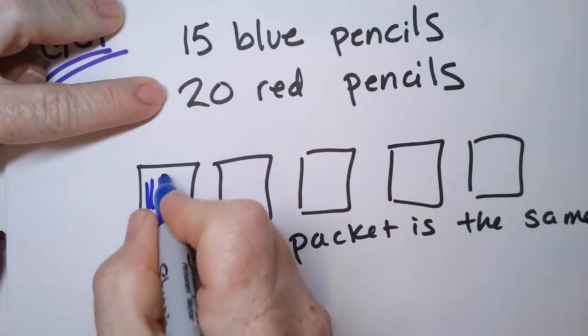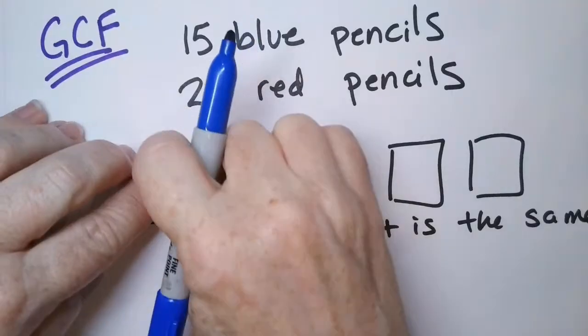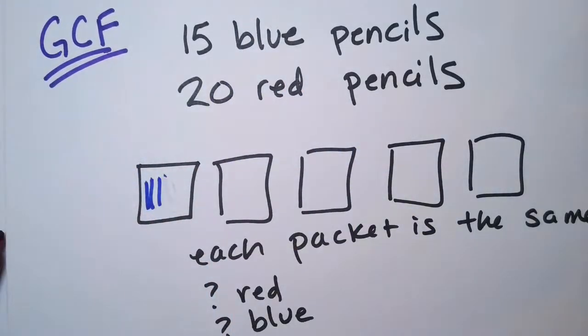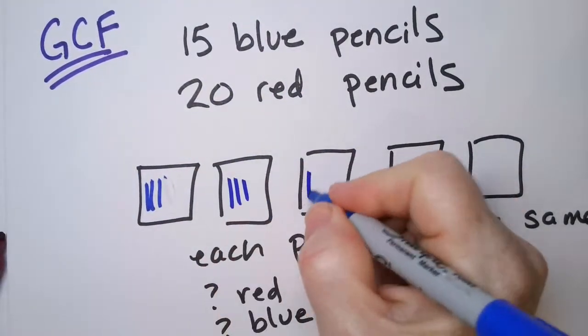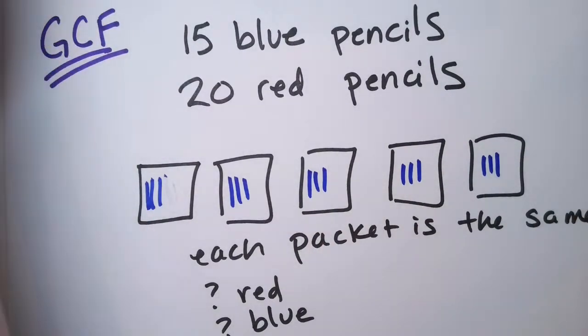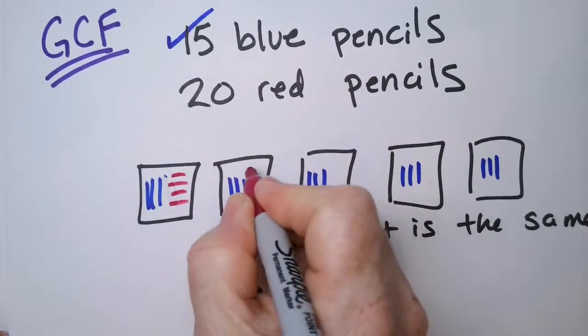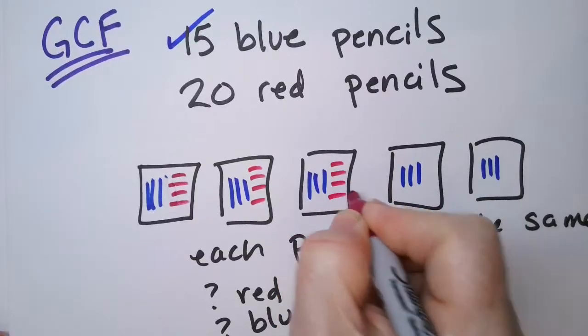So we have 1, 2, 3. Okay, let's get rid of that guy. Put a little sticker on him. Okay. 4, 5, 6, 7, 8, 9, 10, 11, 12, 13, 14, 15. See, that worked out. Okay, so that was our blue. And then for our red, we have 1, 2, 3, 4. Imagine those are pencils.